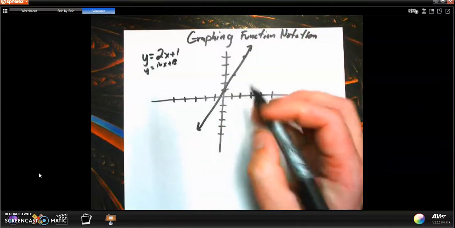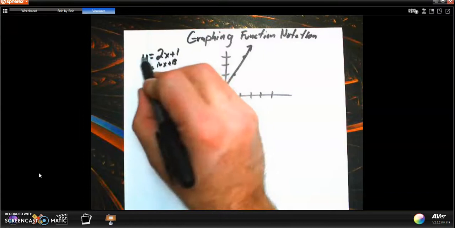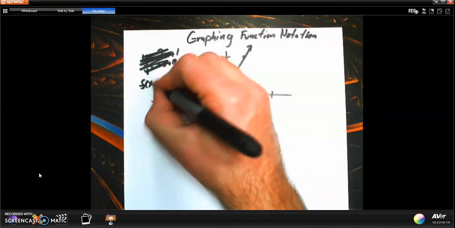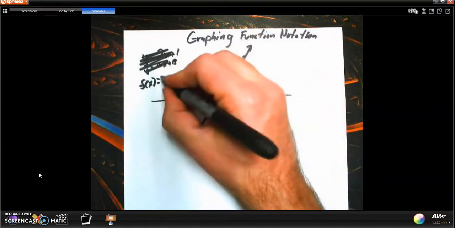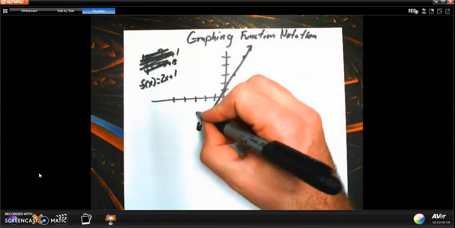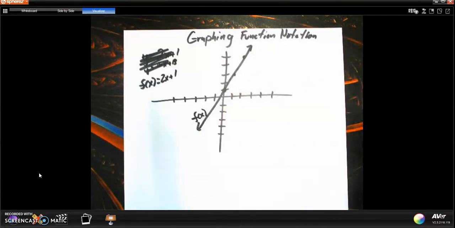Well, instead of using the equation y equals, they will sometimes use function notation, say f of x equals 2x plus 1. So this line is the f function. That line represents the f function, right?